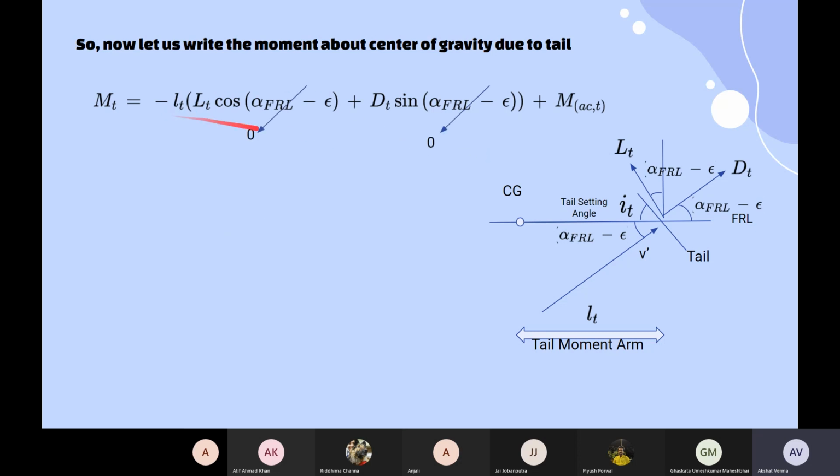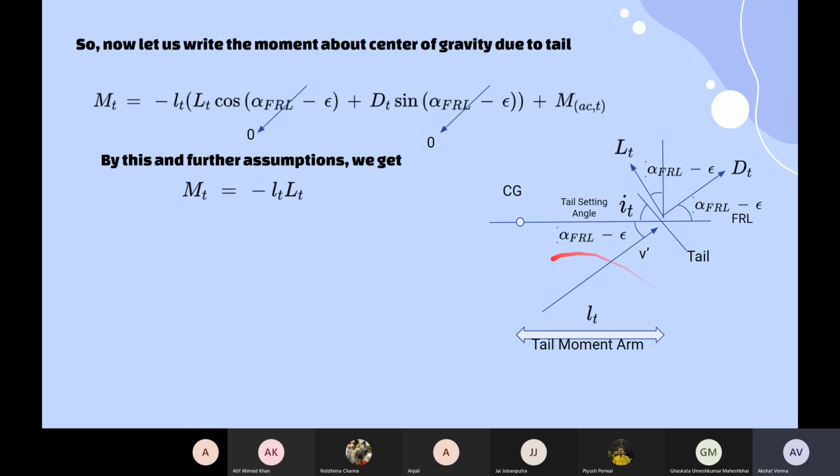This term comes from the moments due to the perpendicular components of lift as well as drag, that is LT cos of this angle and DT sin of this angle. For our considerations, we consider a small angle of attack, so this angle term goes to 0. What we finally get from our assumptions is that the moment due to the tail is minus LT into capital T.